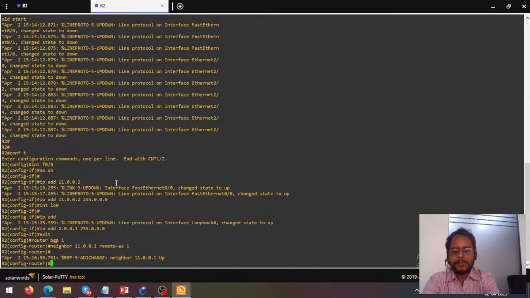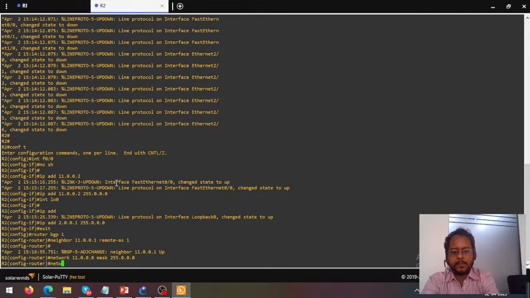Similarly, in R2 also you advertise networks. That is the Ethernet port network that we have, 11.0.0.0, and you advertise the loopback again.